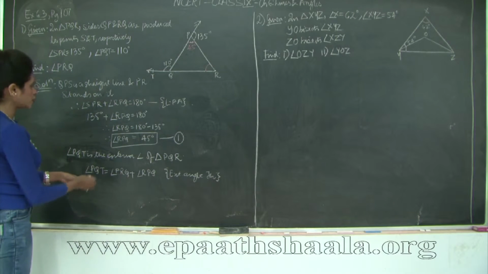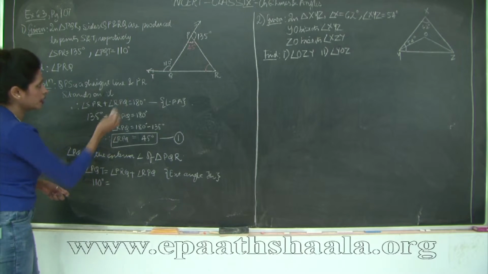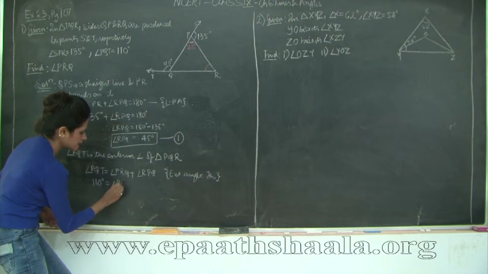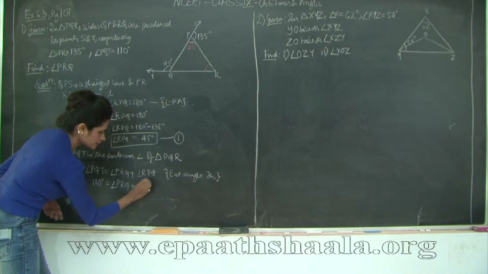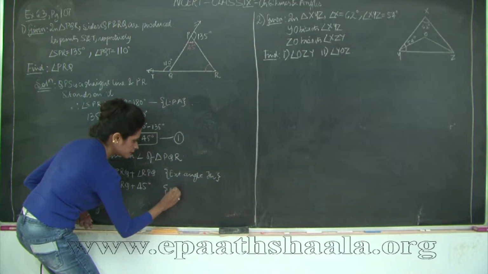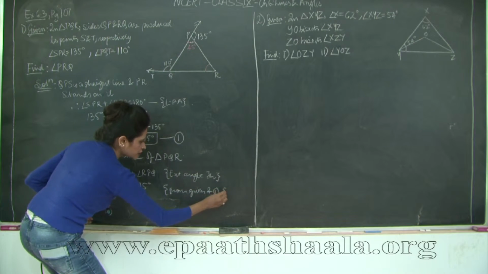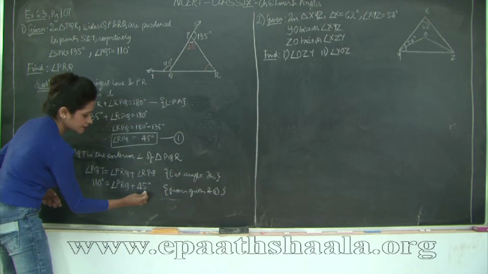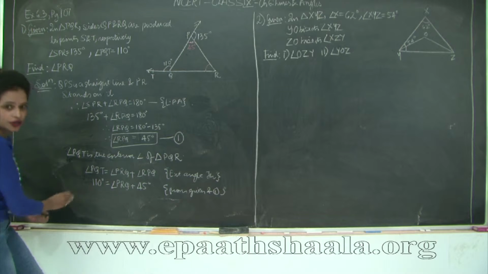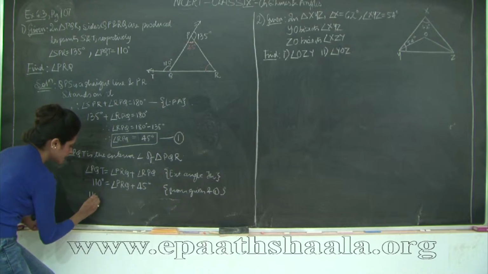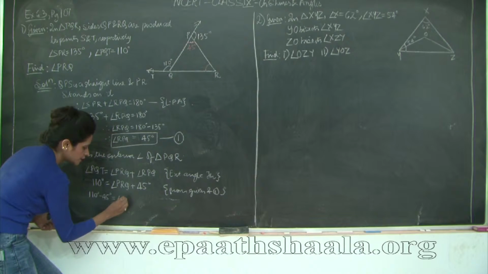Let's substitute the values now. Now PQT is 110 degrees is equal to PRQ. PRQ is what we need to find out, so we leave it as it is. Plus RPQ is 45 degrees, we found this. So I'll say from given and 1. Given what? The angle 110 degrees, and from 1 the measure of angle RPQ, which is 45 degrees. So let's take 45 to the left hand side, it will become negative. 110 degrees minus 45 degrees is equal to angle PRQ.